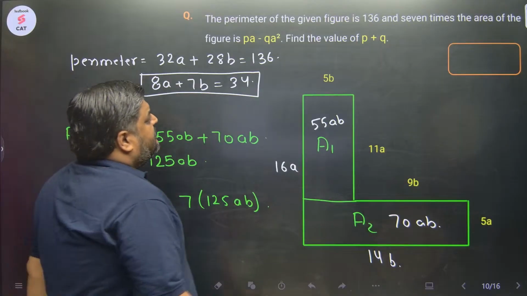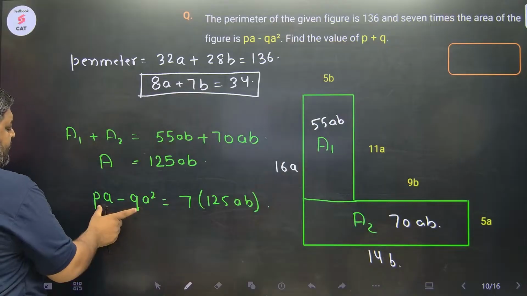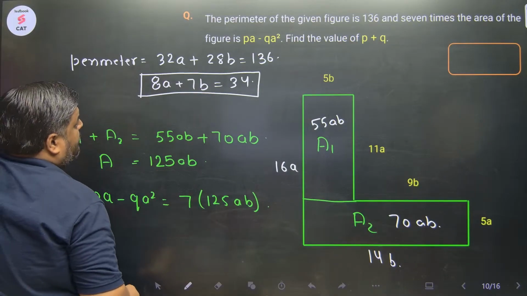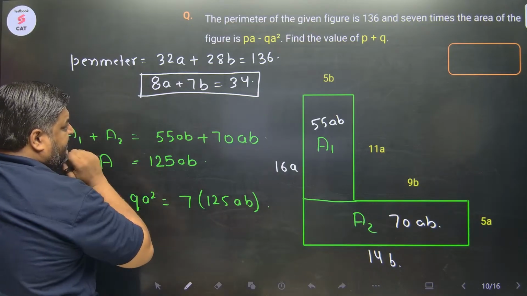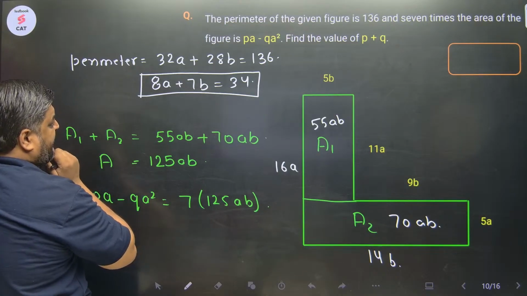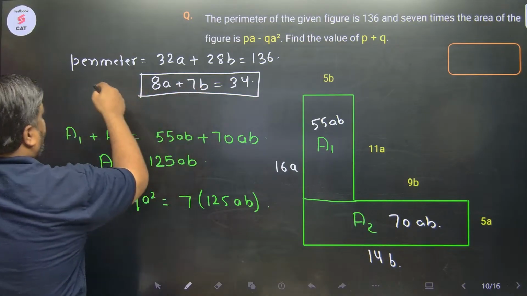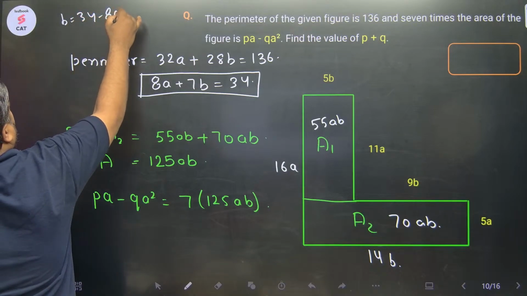Based on the question, PA minus QA square is 7 times the area. This is in terms of A, so I want B in terms of A. I need to eliminate B. I can take B from here: B is 34 minus 8A upon 7.